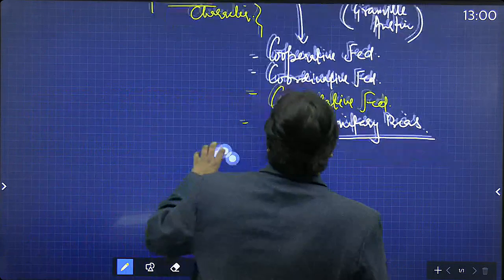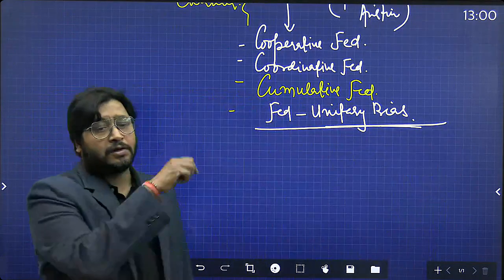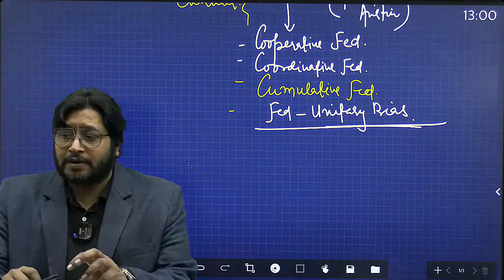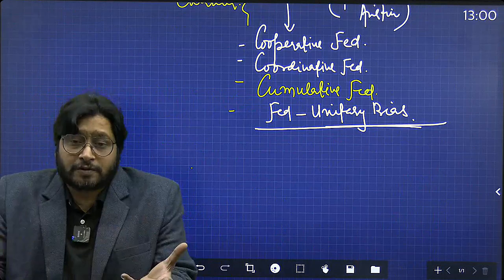So logically, the features or structure of the polity depend to a large extent on the essence of what is written in the Constitution.